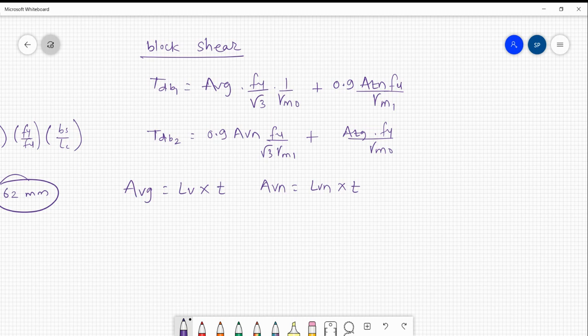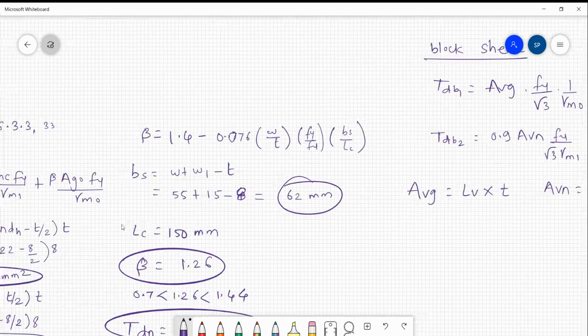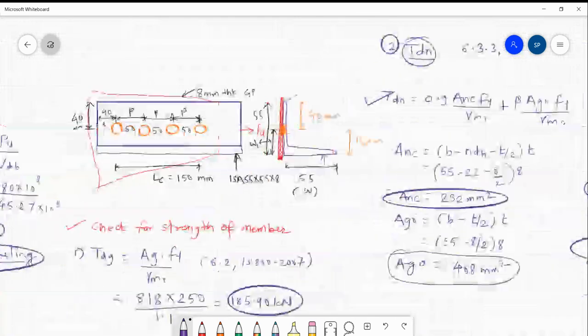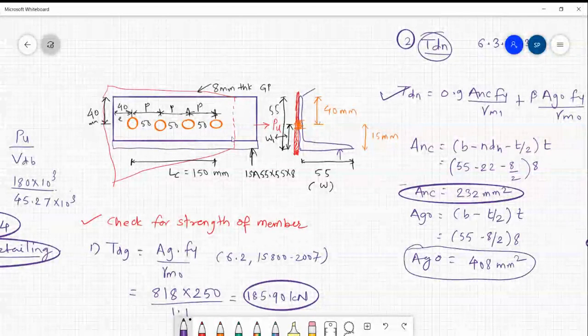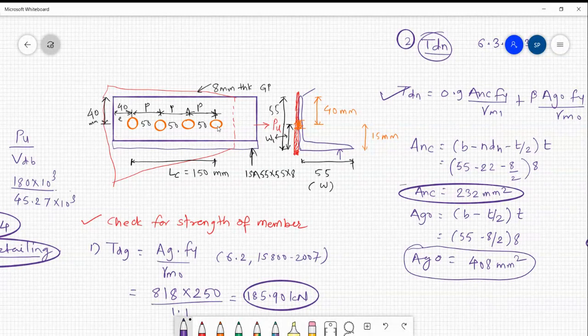Now LV, as we have discussed in theory session, will be measured from this edge to the center of this last bolt hole, or LV is equal to E plus LC. So E is 40 here, plus length of connection is 150, so LV value will be 190 mm.